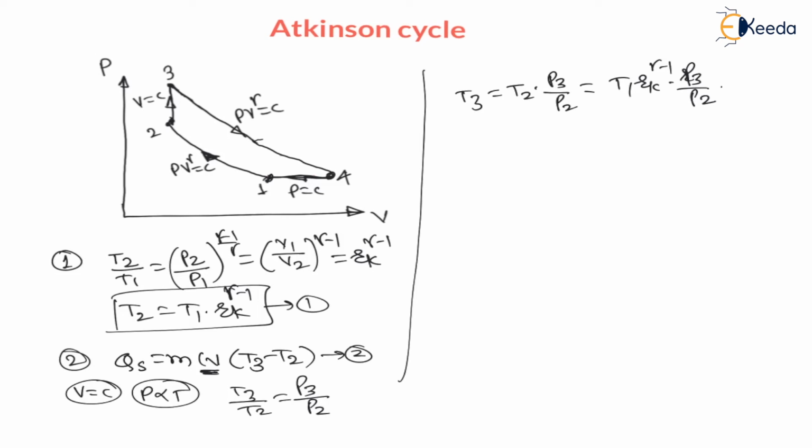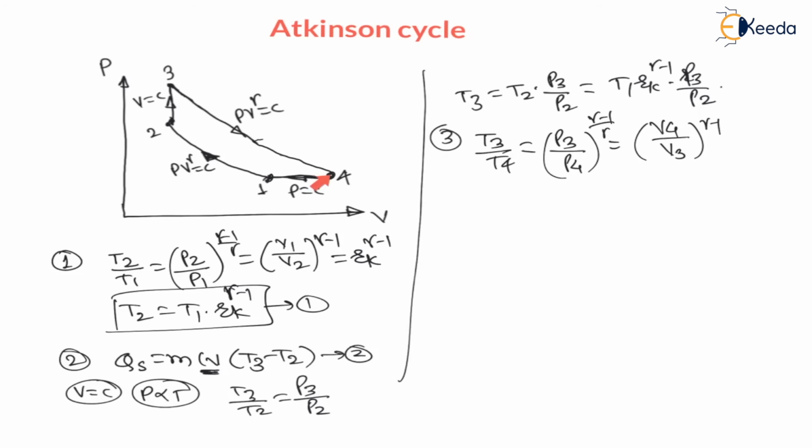Now the next process, that is 3 to 4, is reversible adiabatic expansion. Therefore for this process we can write T3 divided by T4 is equal to P3 divided by P4 raised to gamma minus 1 upon gamma, which is equal to V4 divided by V3 raised to gamma minus 1. And this V4 divided by V3 is nothing but volume at the end of expansion divided by volume at the start of expansion, which is the expansion ratio RE.